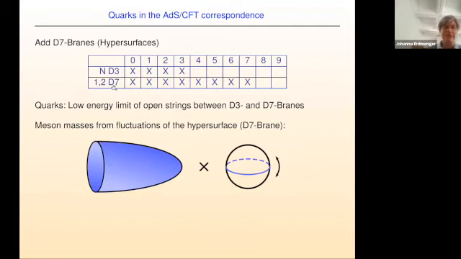D7 means they have 1 time and 7 space dimensions, so they fill the directions 0, and then 1, 2, 3, 4, 5, 6, 7. If you put them there and look at the low energy limit of open strings that stretch between these branes, then you can describe quarks and mesons in your theory.